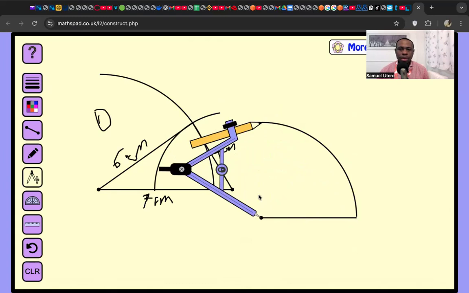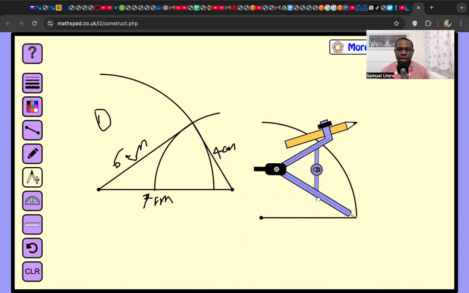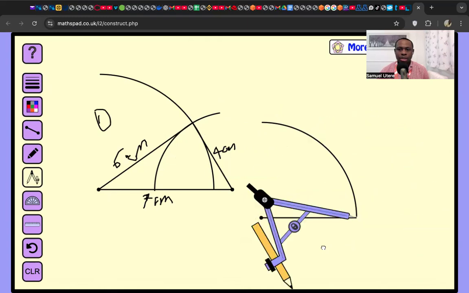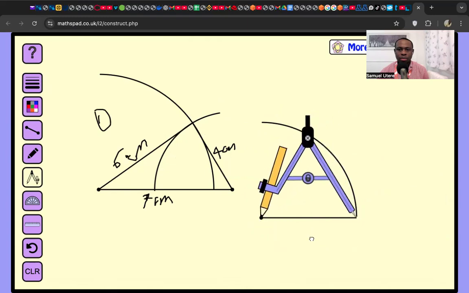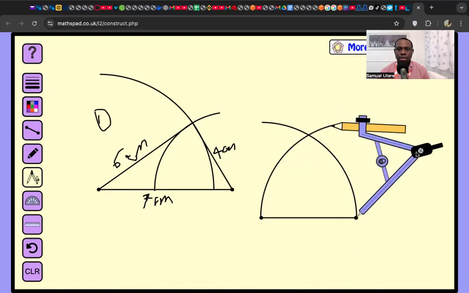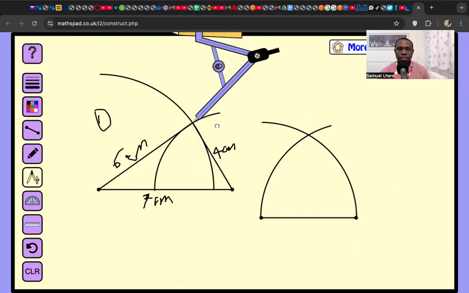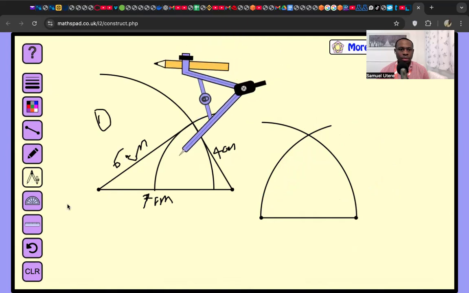We move our compass to the end of the other line. Let's move this to make sure it's in the correct orientation. And then we draw the other arc. Let's move the compass out of the way. Oh, we don't need it anymore.